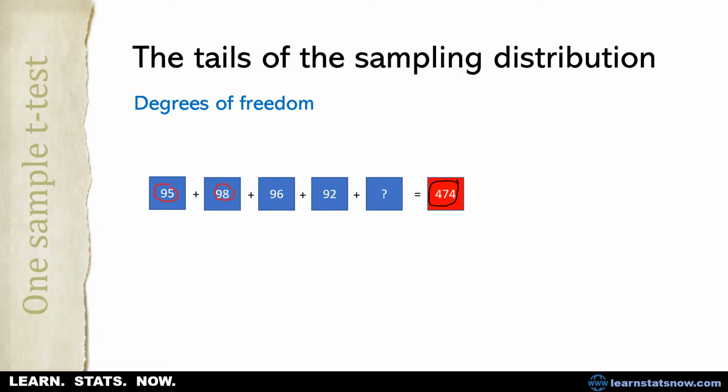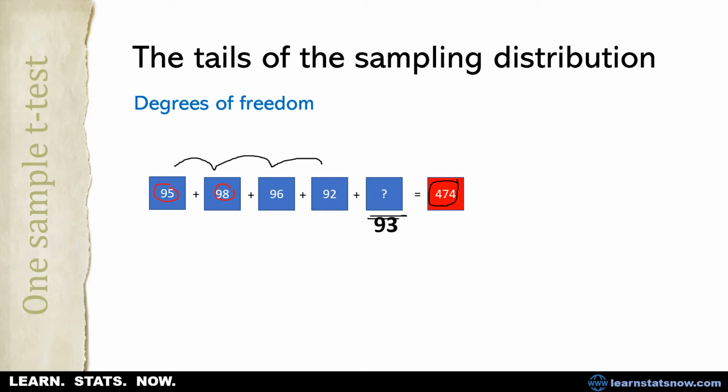Now, here's the thing. Once I know the total score and I have all but one of the observations, the value of that last observation, where the question mark is, is actually completely dependent on what came before, right? So if I know the sum is 474, if I just added all those temperatures together, then this has to become 93, right?